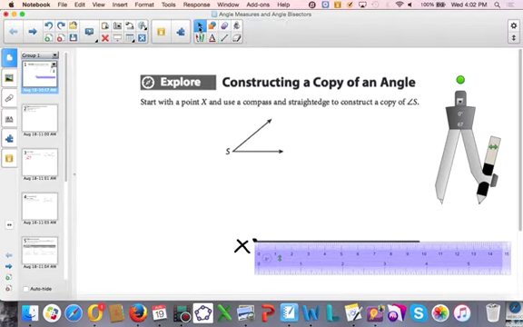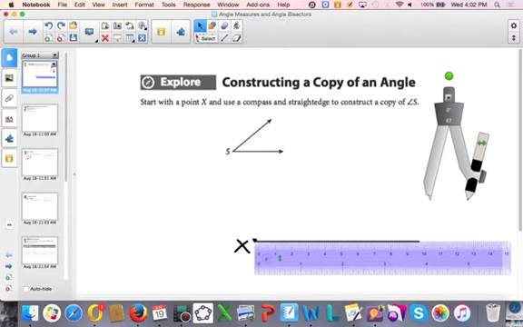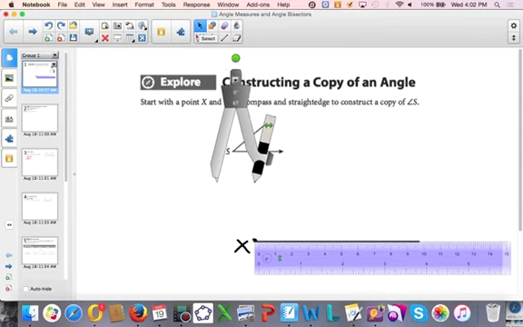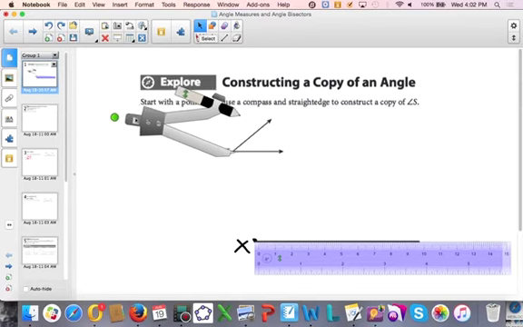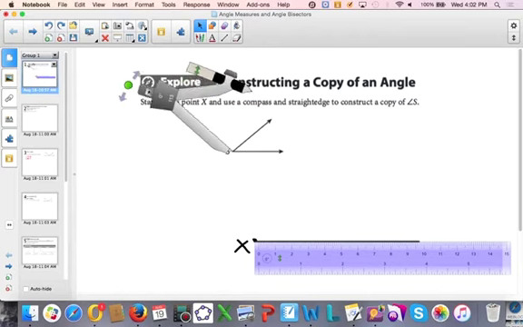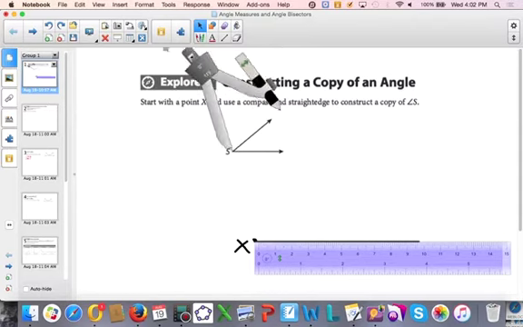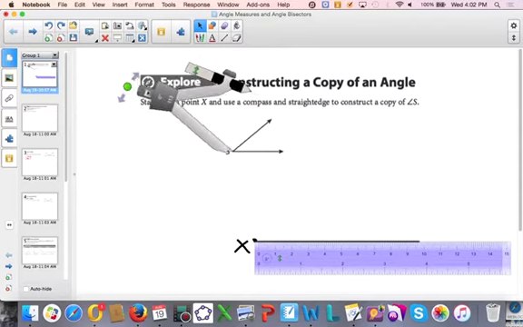My next step is to bring my compass over to the angle that I'm going to be duplicating and put the point of my compass at the vertex of the angle. And I'm not going to open my compass up too much because notice what happens if I do. I'm not going to cross the sides of the angle, and I need to.